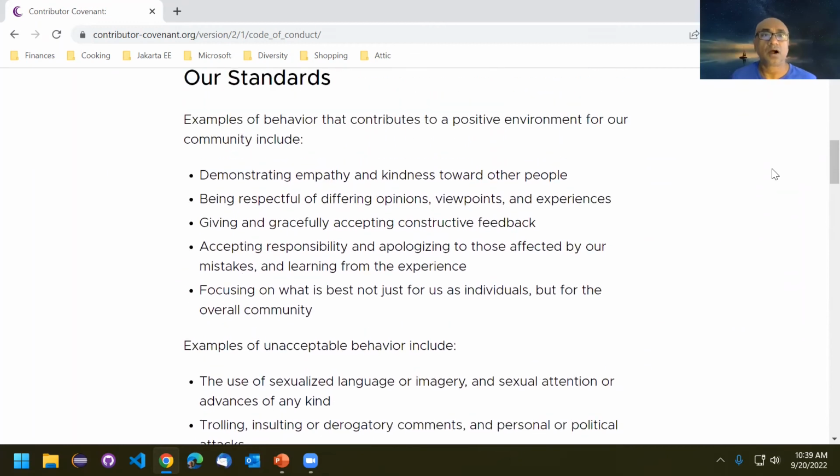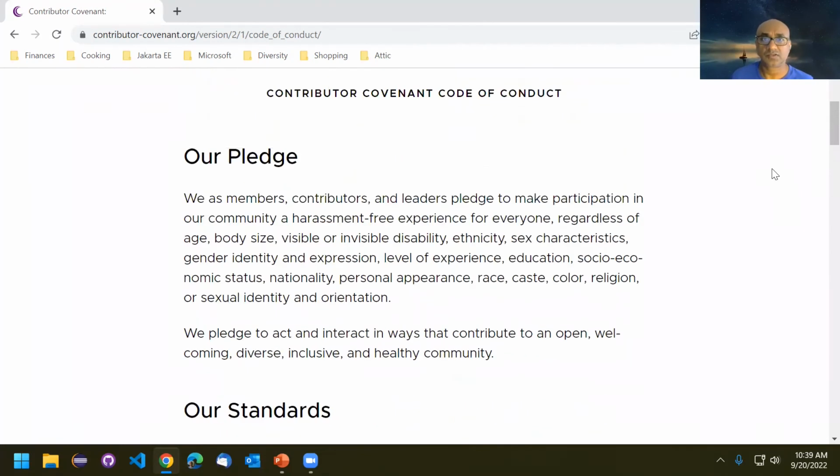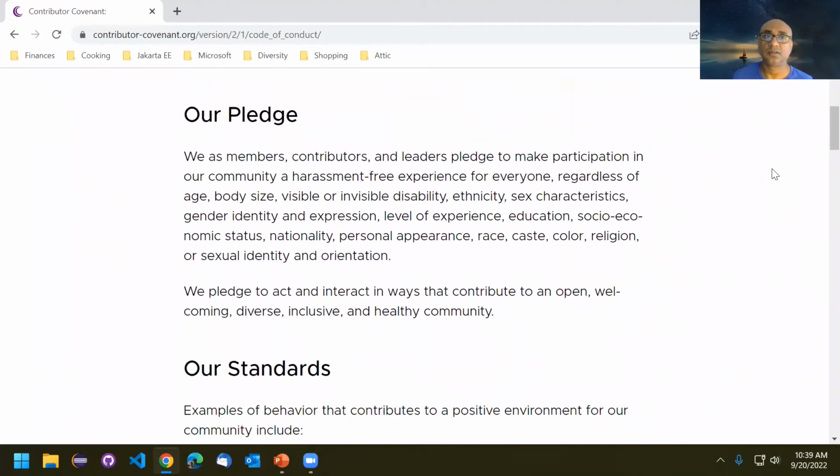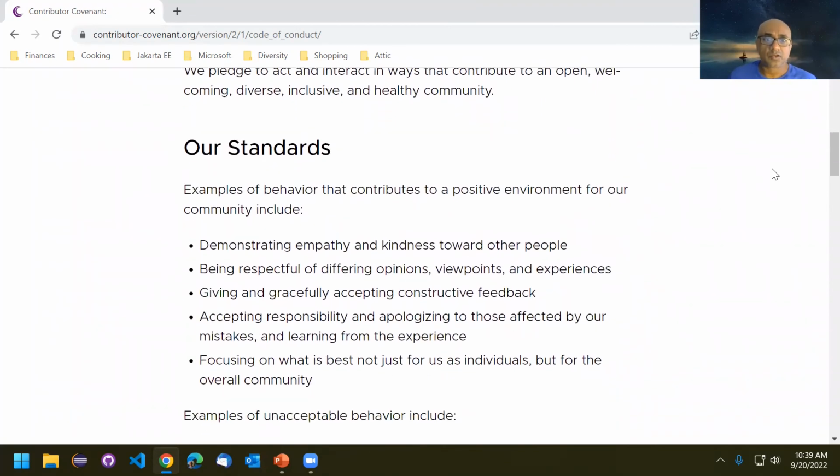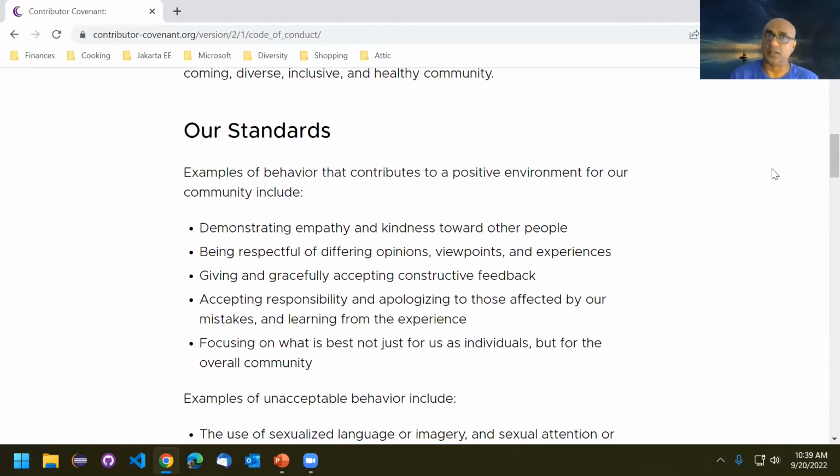Okay, but the heart of it is this. The heart of it is the pledge. What are our principles? What are we after? What do we believe in? It talks about that in a very succinct fashion, and then it talks about the guidelines, the actual standards. What are the kinds of behaviors that we want to encourage?